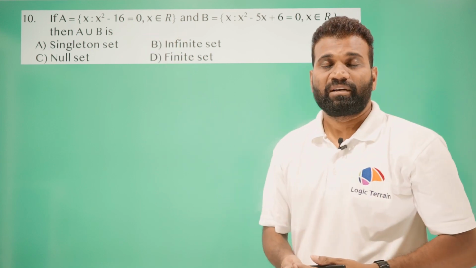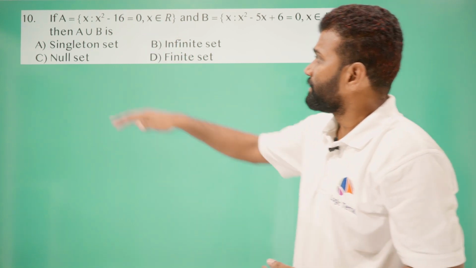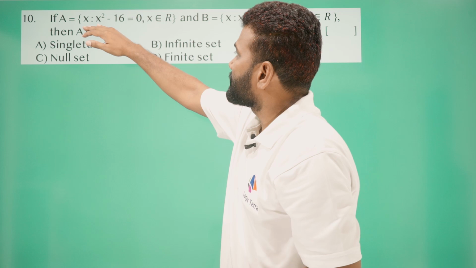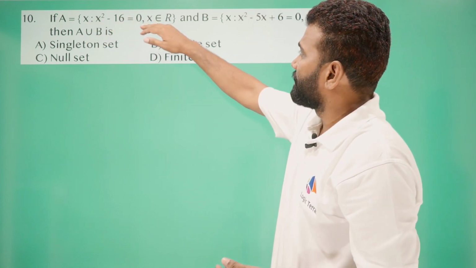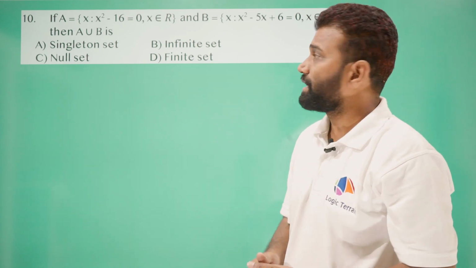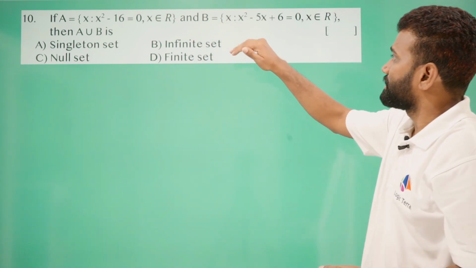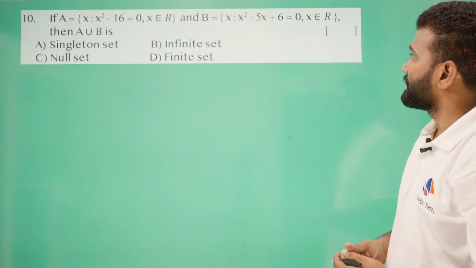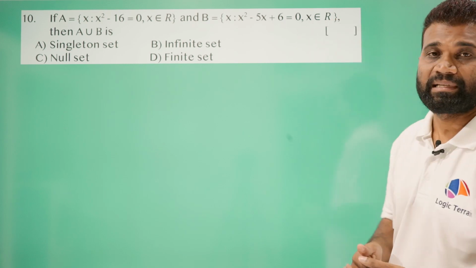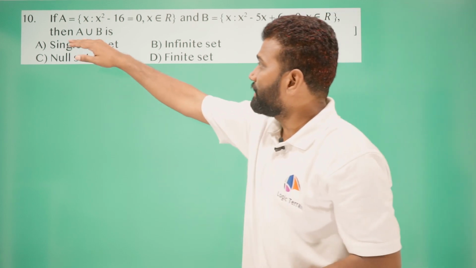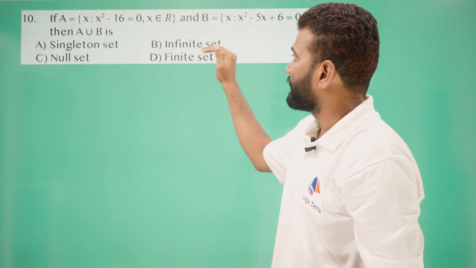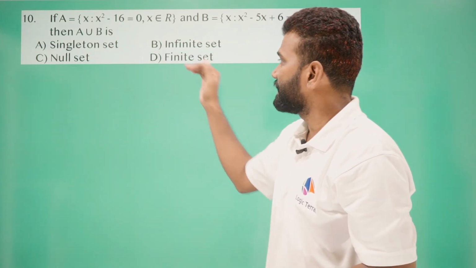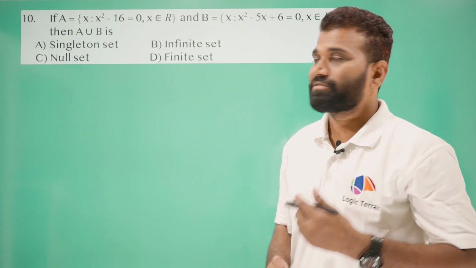Here is the last question of this part B. If A is equal to the set of x such that x square minus 16 is equal to 0, where x belongs to real numbers R, and B is equal to the set of x such that x square minus 5x plus 6 is equal to 0, where x belongs to real numbers R, then A union B is. Here are the options: A singleton set, B infinite set, C null set, D finite set. So let's find.